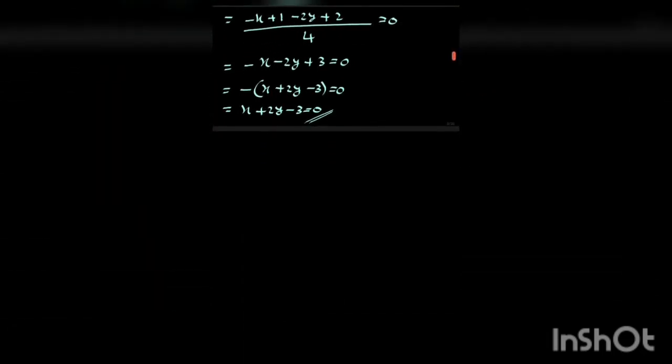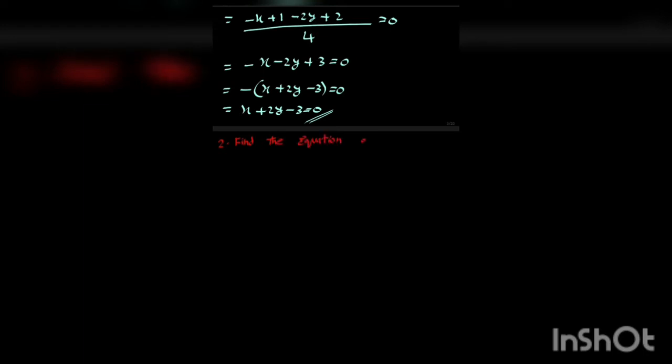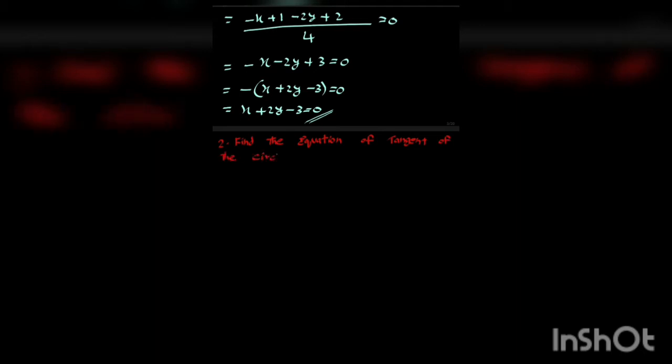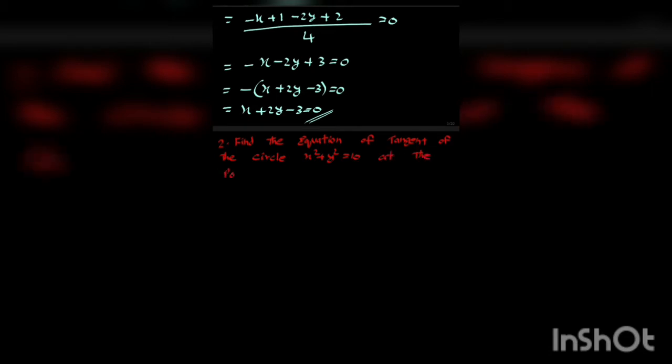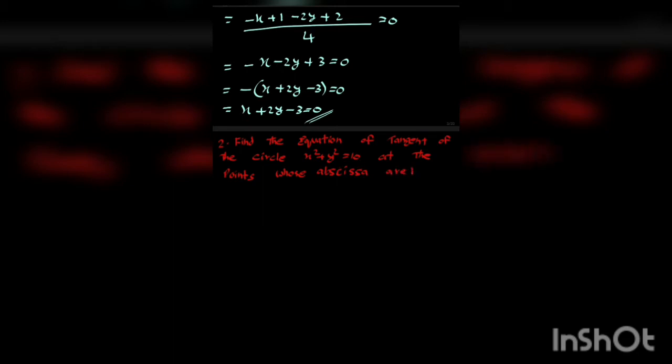Moving on to the next sum, the second one. Find the equation of tangent of the circle x square plus y square is equal to 10 at the point whose abscissa is 1.